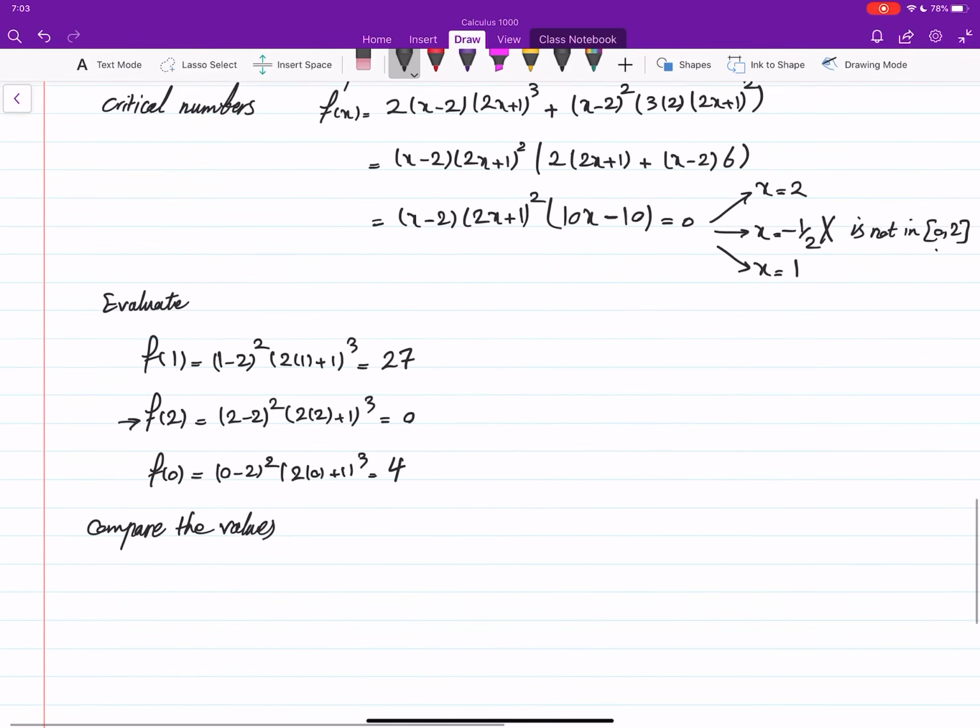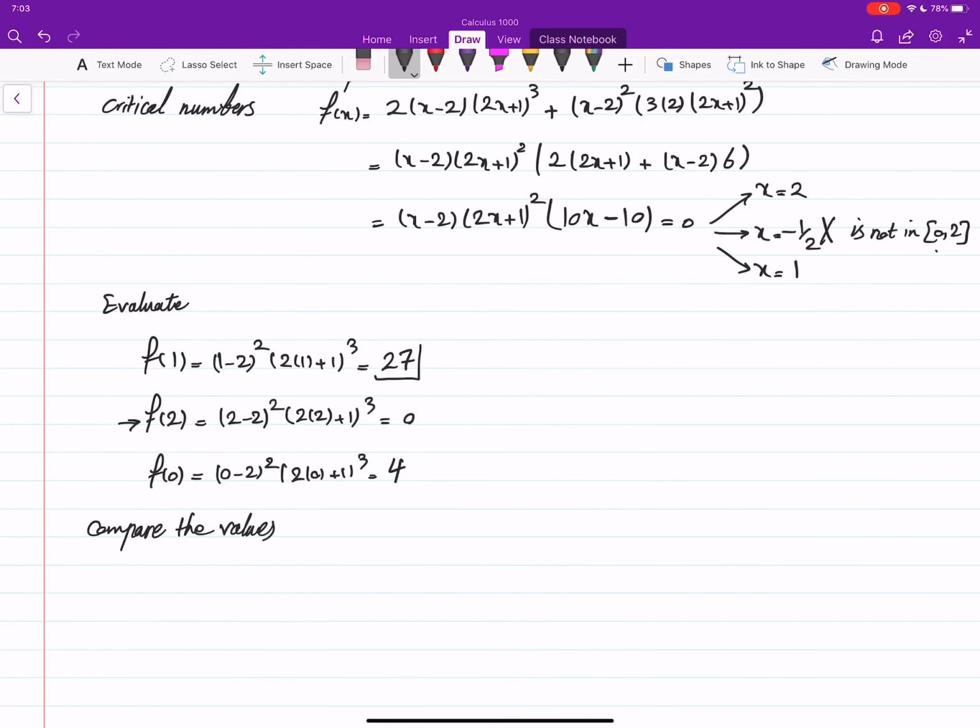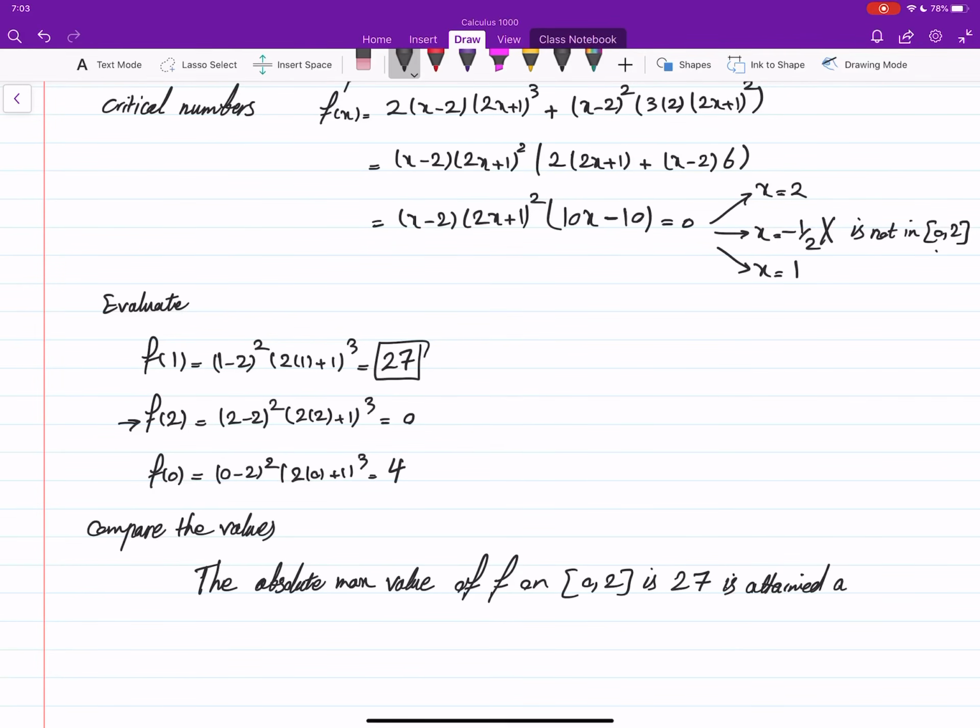The highest value occurs here. So the absolute max value of f on the given interval 0, 2 is 27 and attained at x equal to 1.